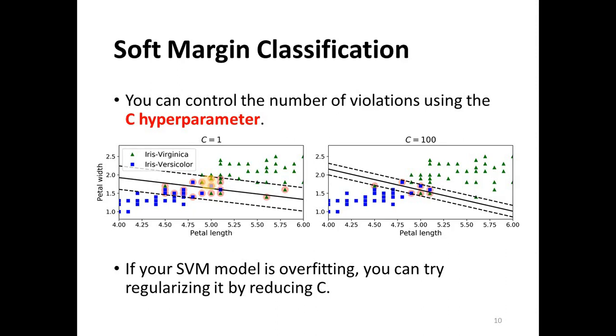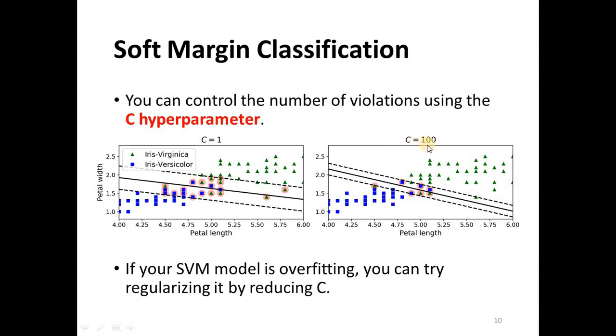In SVM, you can control the number of violations, the number of instances inside the margin, using a special parameter called the C hyperparameter. Here, C is small, and the margin is wide and the violations are many.